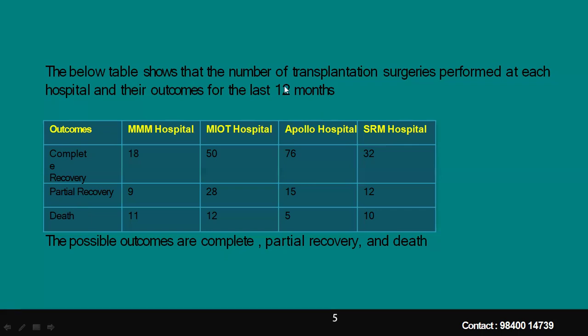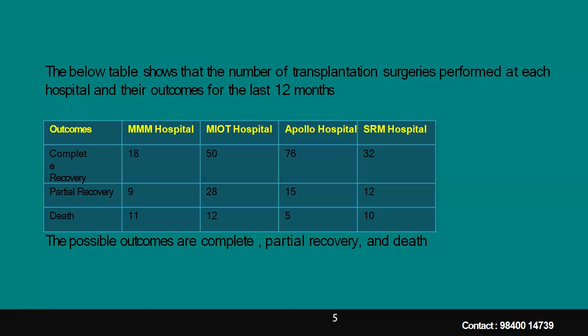Okay, and this table shows the number of transplantation surgeries performed at each hospital and their outcomes for the last 12 months. For example, take kidney transplantation or heart transplantation. After the transplantation there could be various possibilities. Some person may die, maybe the transplantation may not be successful.